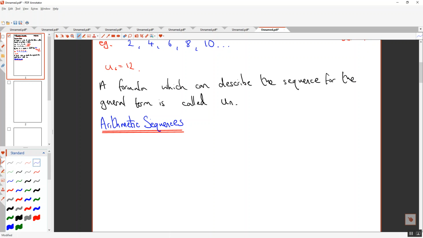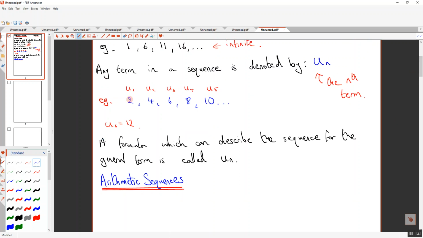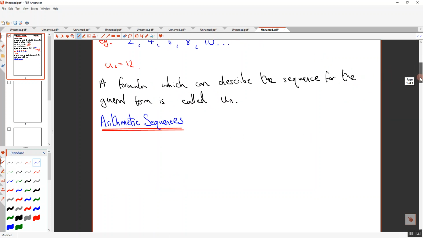What makes a sequence arithmetic? It's got a common, D word. Difference. It's got a common difference, okay?